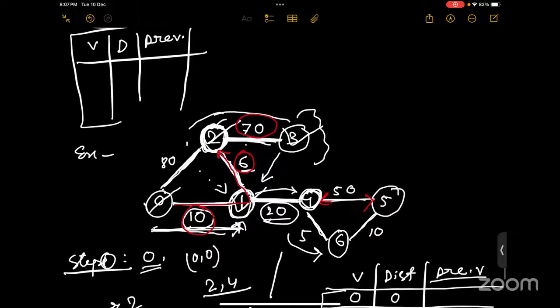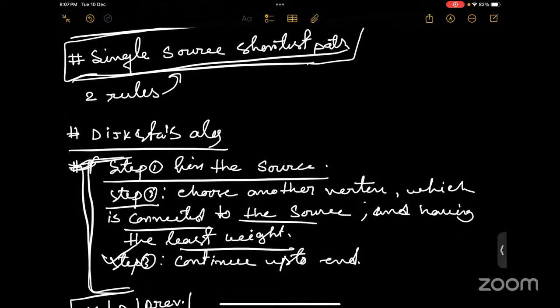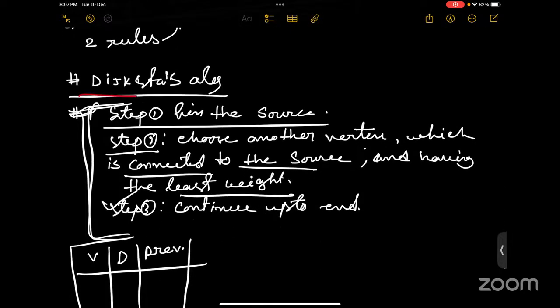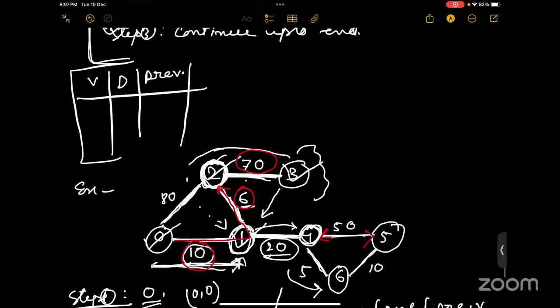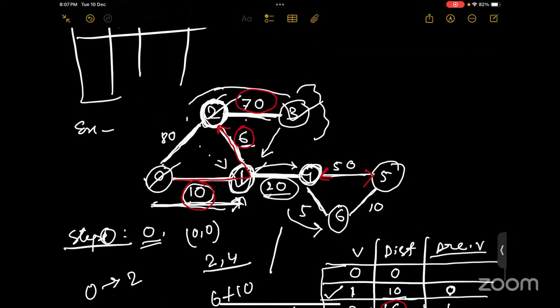So for this kind of problem, where we had to find the shortest path, we use Dijkstra's algorithm. Dijkstra's algorithm says you have to fix a source first. So here we fix 0 as the source. Then we choose the edge with the least weight.